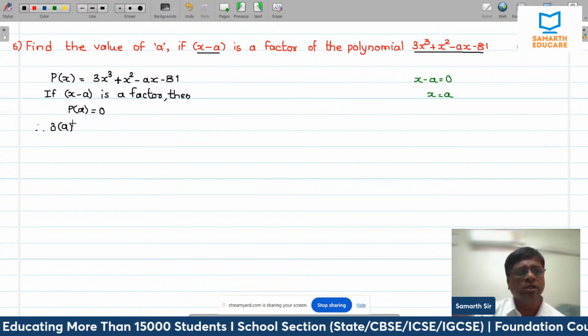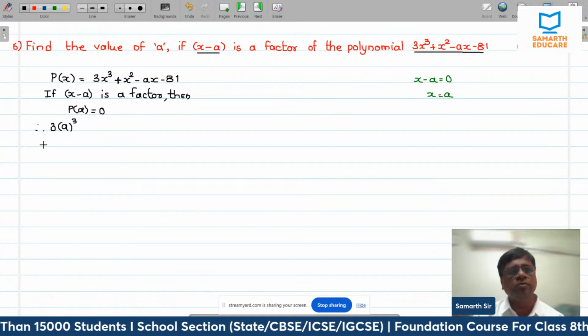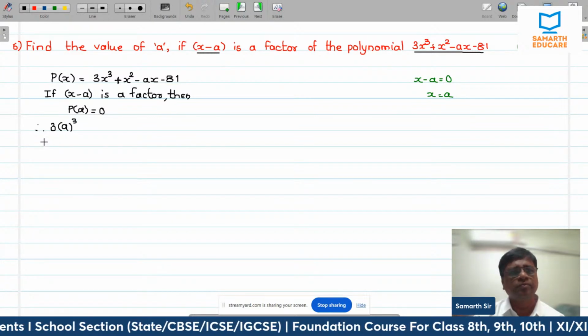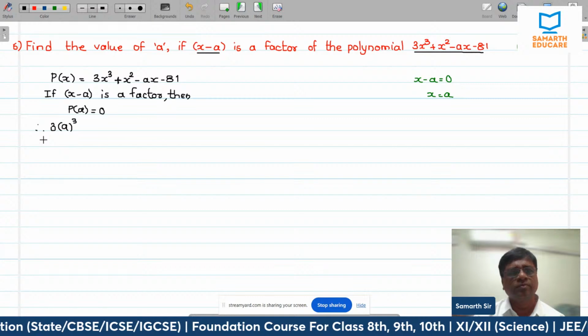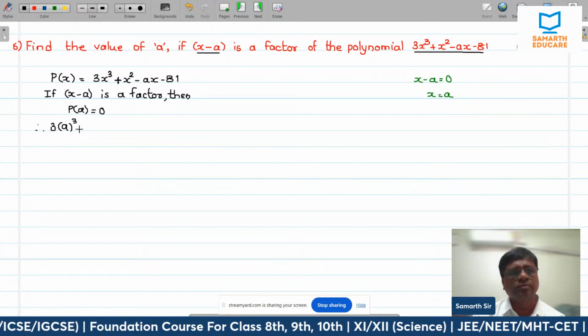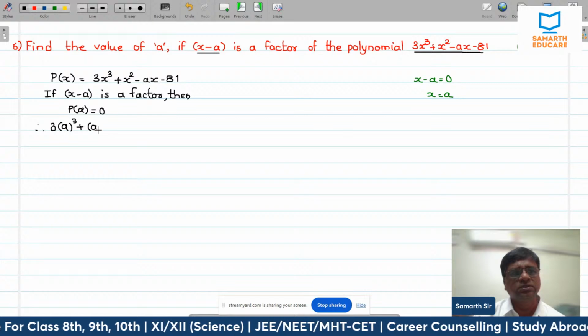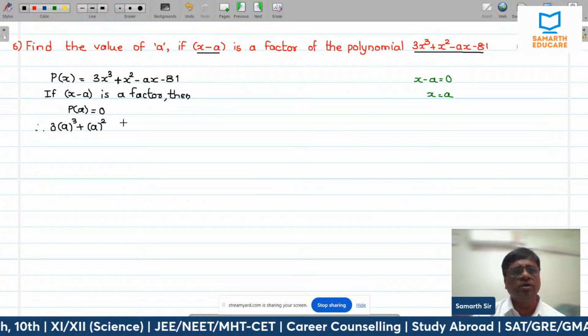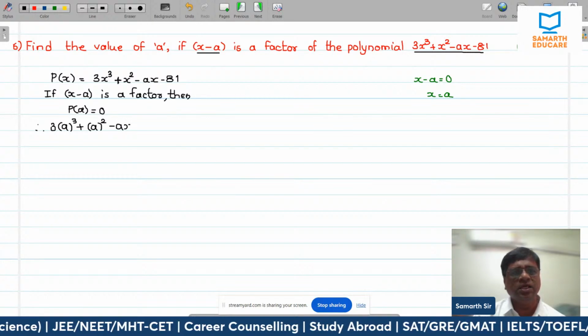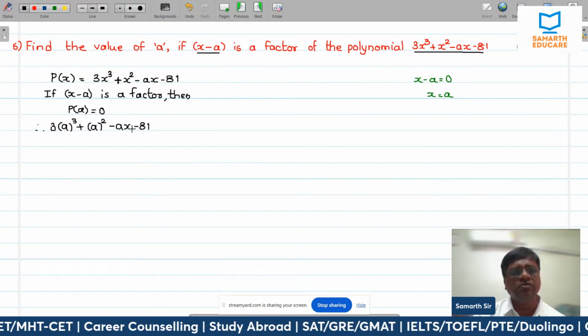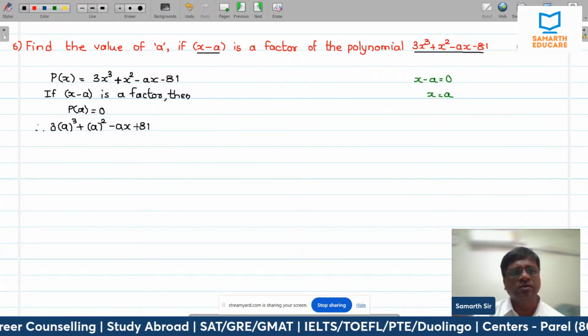So this is a cube plus a square minus ax minus 81. I'm so sorry.